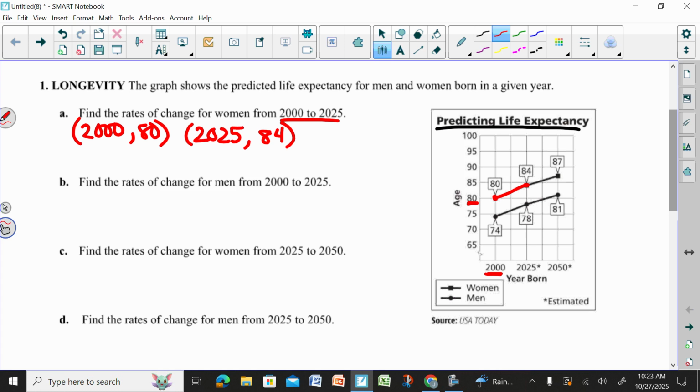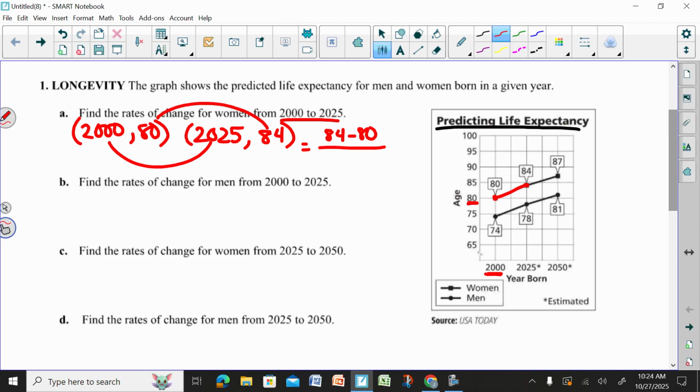Okay, so then we want to know what's the rate of change. So we have to look at over the 25 years, 4 years of increased life expectancy. We just use the slope formula. Remember, you have to do the y minus y on top, the x minus x on the bottom. So just use little loops. I'm going to put 84 minus 80 on top.